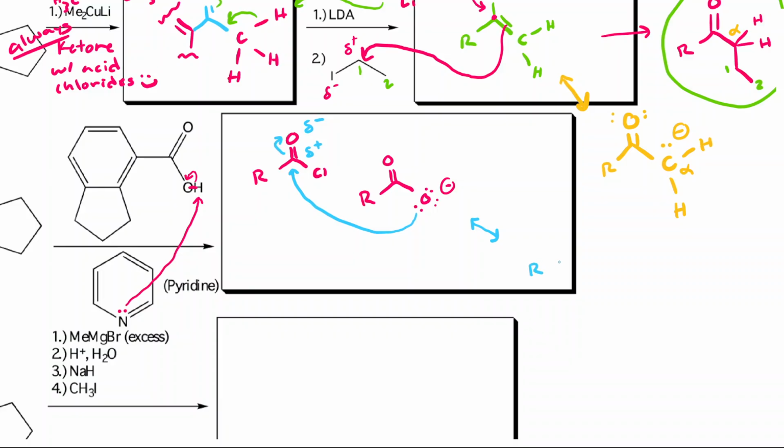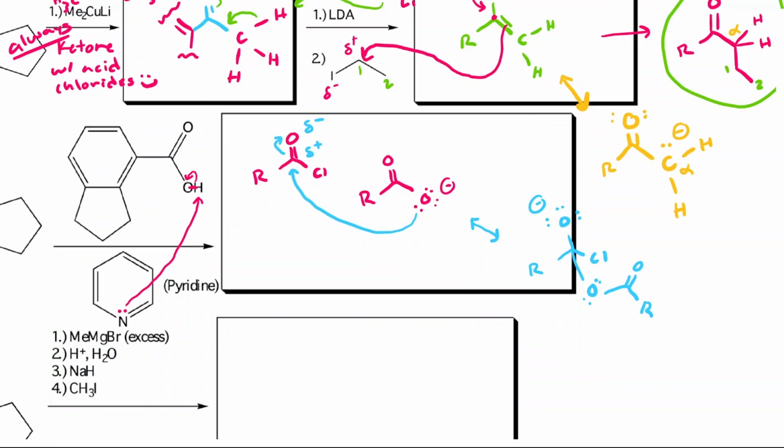You have an R bonded to an O bonded to this. This molecule looks really ugly, but we'll trust the process. But then, as we've made one oxygen happy, we've made the other oxygen unhappy.